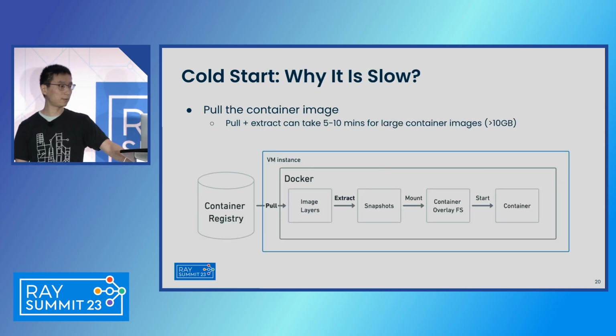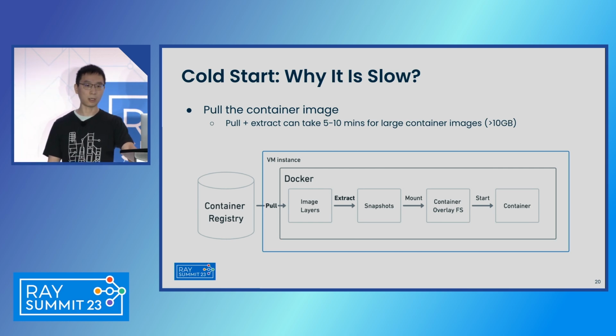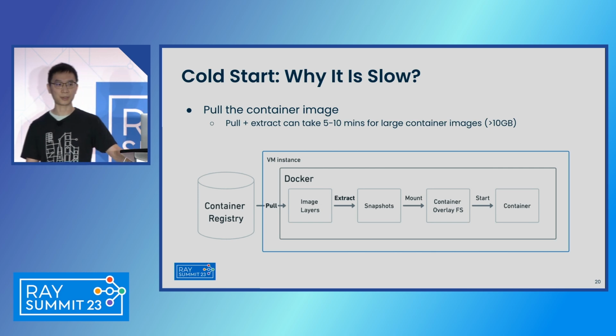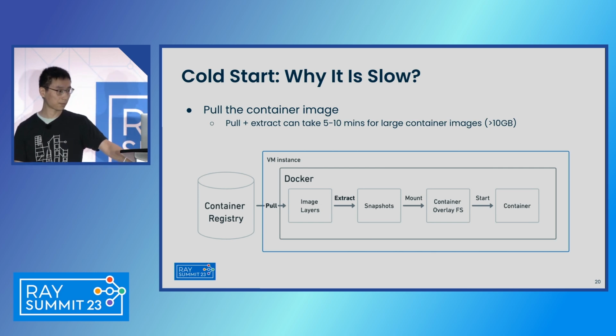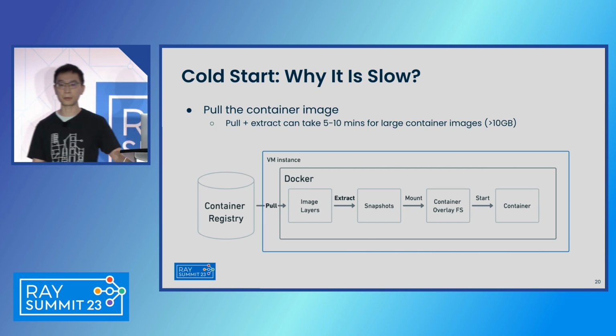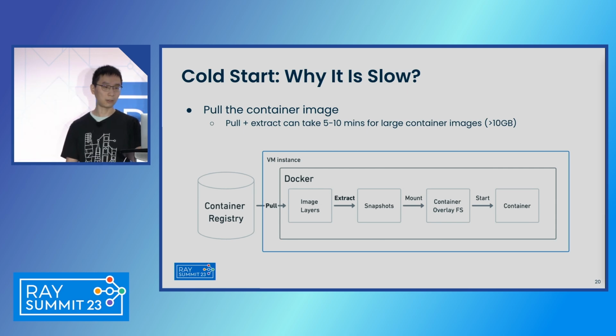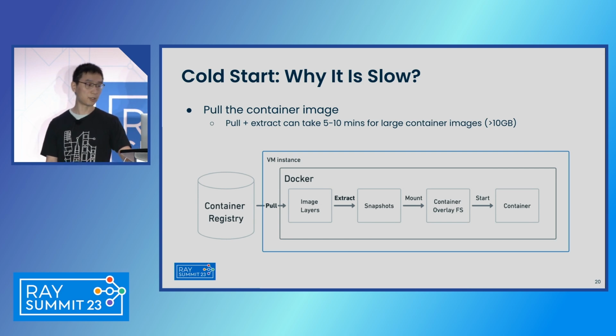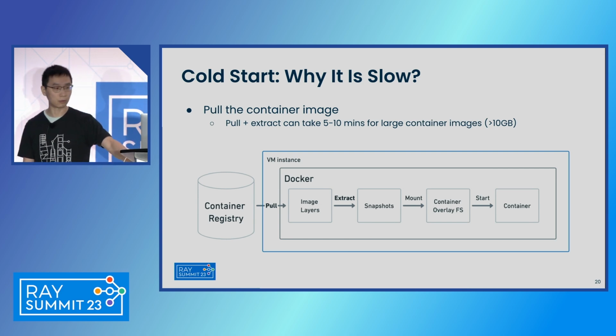We did a very close end-to-end study to analyze our cold start problems, and we found that a large portion of time was spent on pulling the container image. We used to run Docker, and if you're familiar with container technology, starting a container usually involves first pulling the container image from the registry onto the local machine.